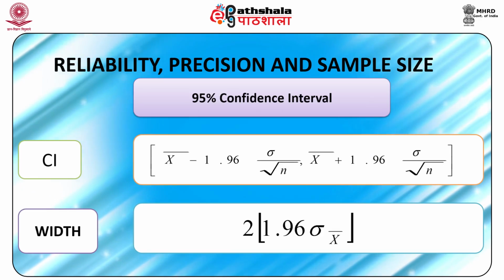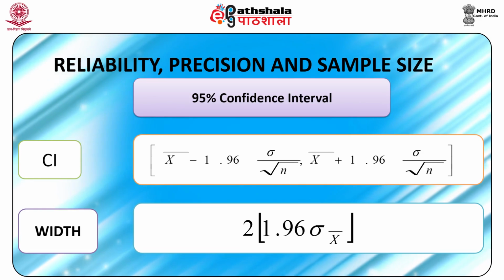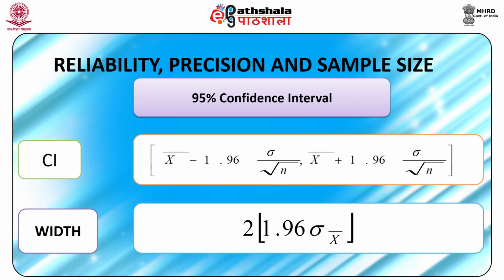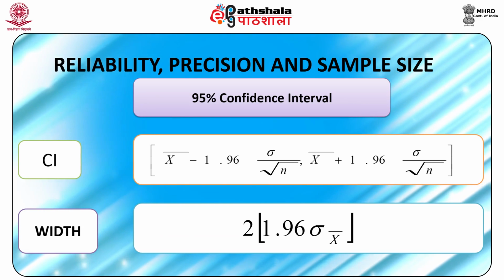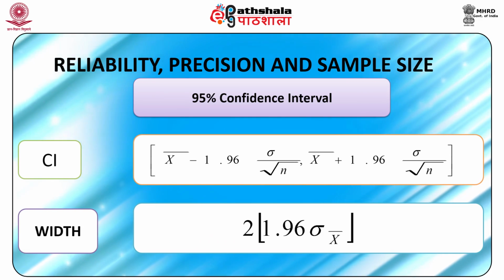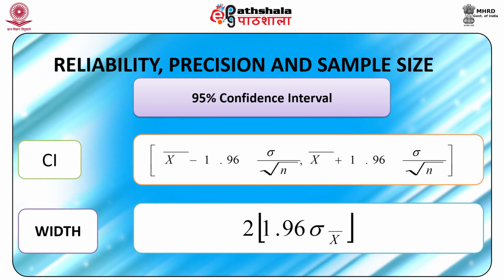For given alpha, or for given sigma and n, sigma x bar is fixed. Let us now compare the 95% and 99% confidence intervals. The 95% confidence interval is equal to x bar minus 1.96 into sigma by root n and x bar plus 1.96 into sigma by root n, with a width of 2 into 1.96 sigma x bar.